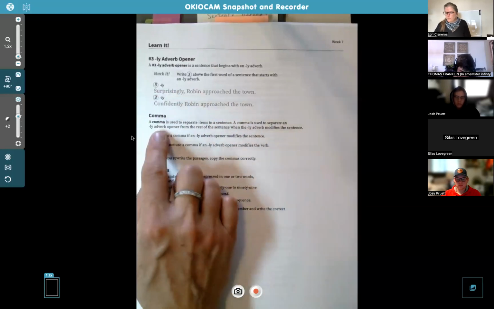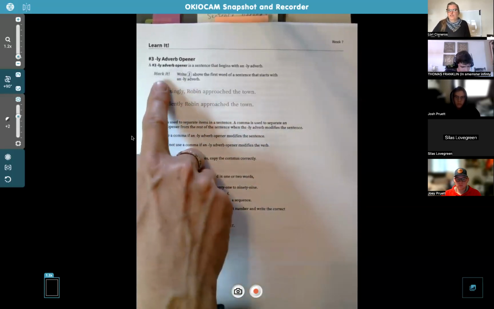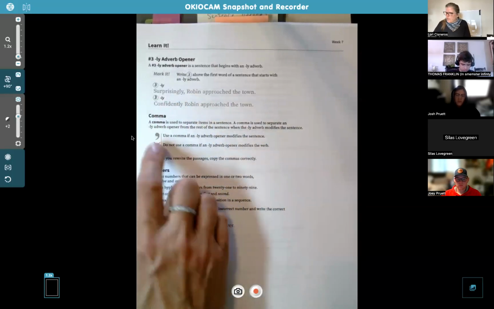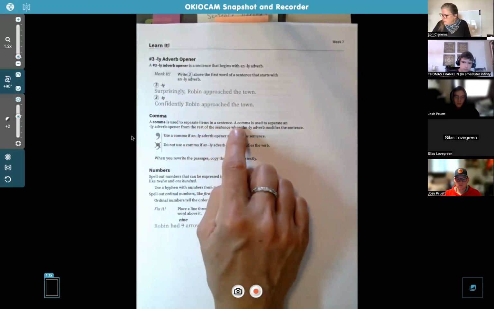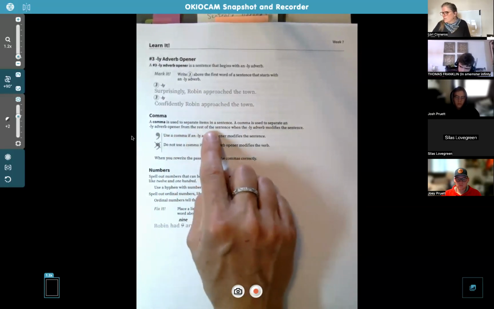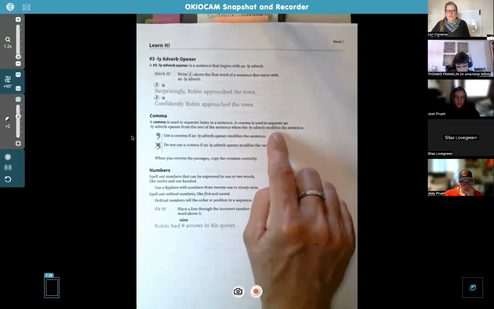Now, there's a comma rule that goes with these 2 types of ly adverb openers. Okay, so a comma is used to separate items in a sentence. You already know that. A comma is used to separate an ly adverb opener from the rest of the sentence when the ly adverb modifies the sentence. Modifies is another word for change. If it changes the sentence, you need a comma.